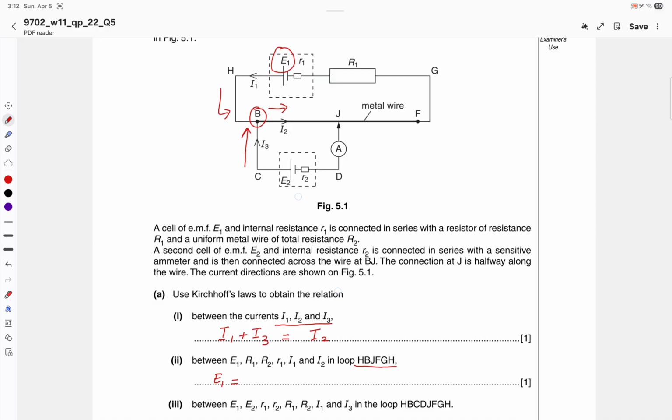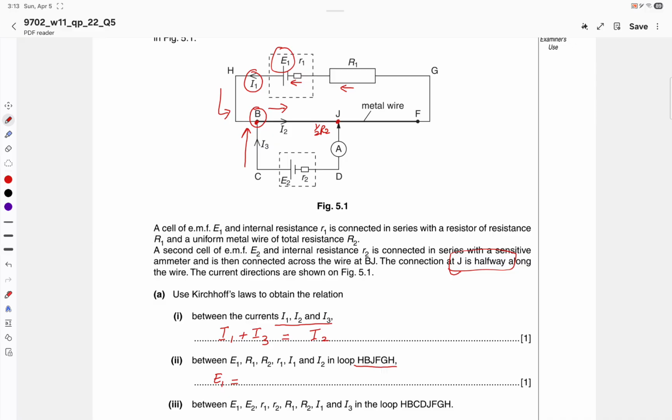If we see the direction, I1 is flowing through r1, and I1 is also flowing through capital R1. There is another current I2, but I2 is travelling between B and J because there is a junction here. So I2 is flowing through half of R2, because B to F is the full resistance R2, and J is midway, as mentioned in the question.